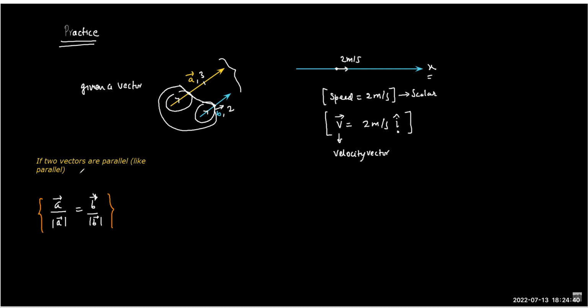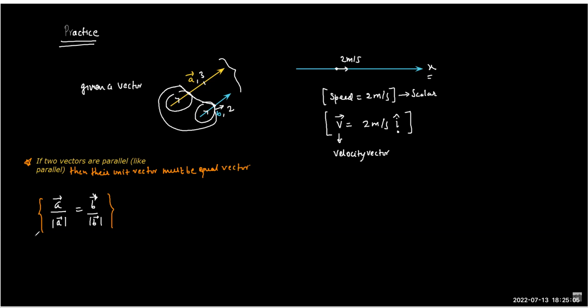If two vectors are parallel, then their unit vectors must be equal vectors.